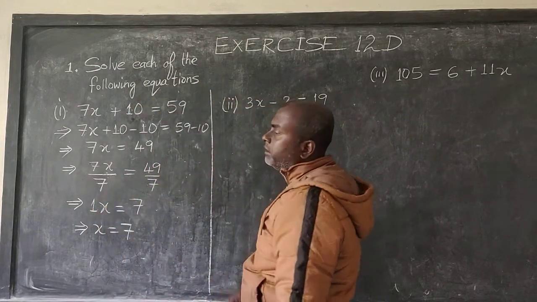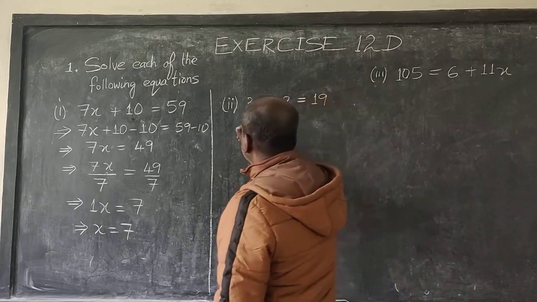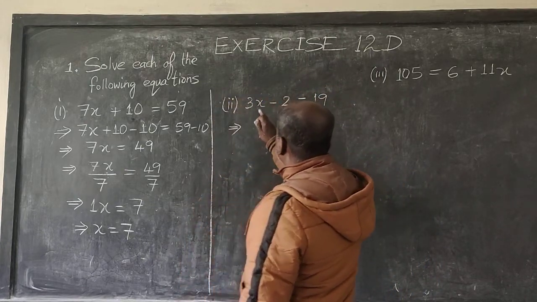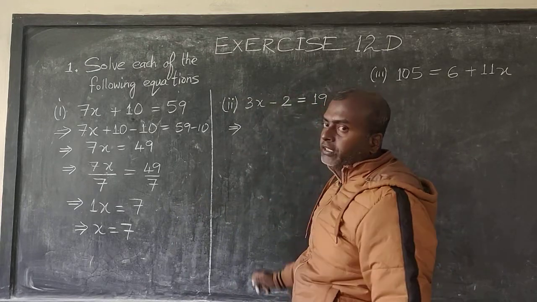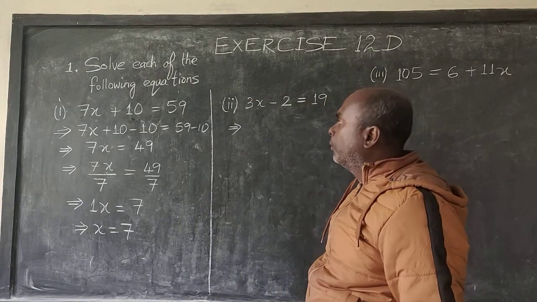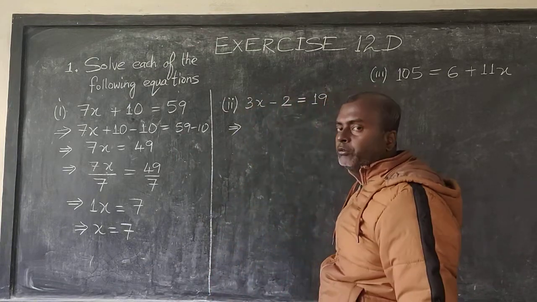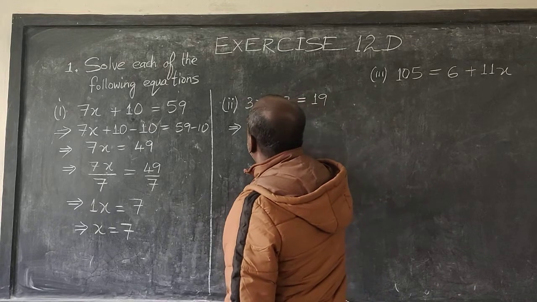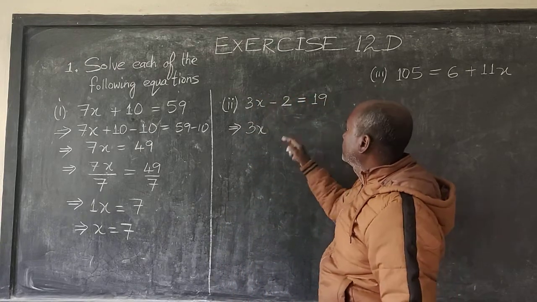Let's do the next one by using the shifting method or transposition method. Alright, what do we have here? 3x minus 2 equals 19. Why don't we use the inverse method only for this also? Okay, for this one also let us use the inverse method. Alright, for removing minus 2, as I said, we have to do it turn by turn.